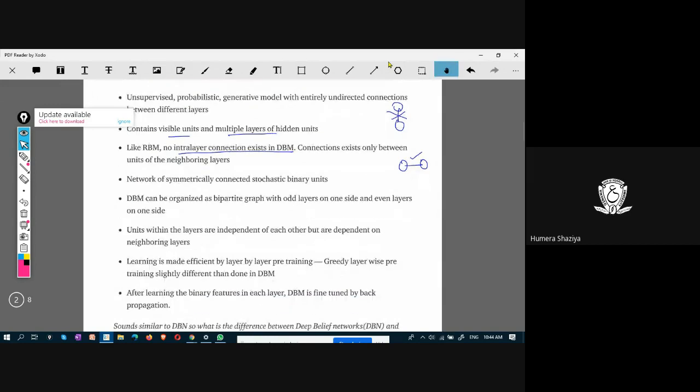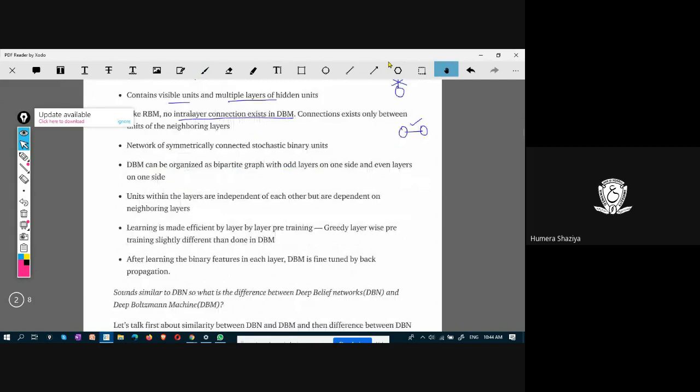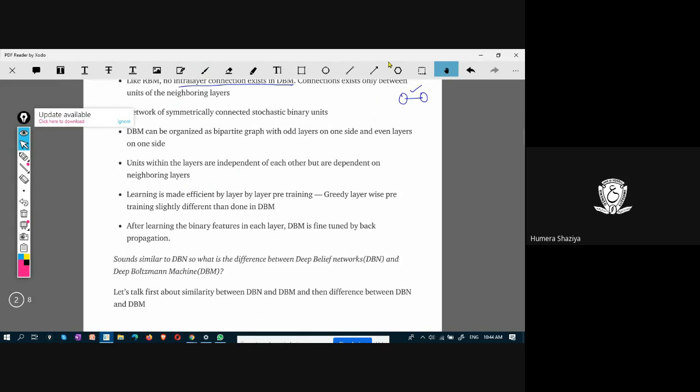It is a network of symmetrically connected stochastic binary units. We know that RBM is stochastic, in the sense that things are not fixed. Likewise, DBM is also stochastic. DBM can be organized as a bipartite graph because you don't have any intra-layer connection.